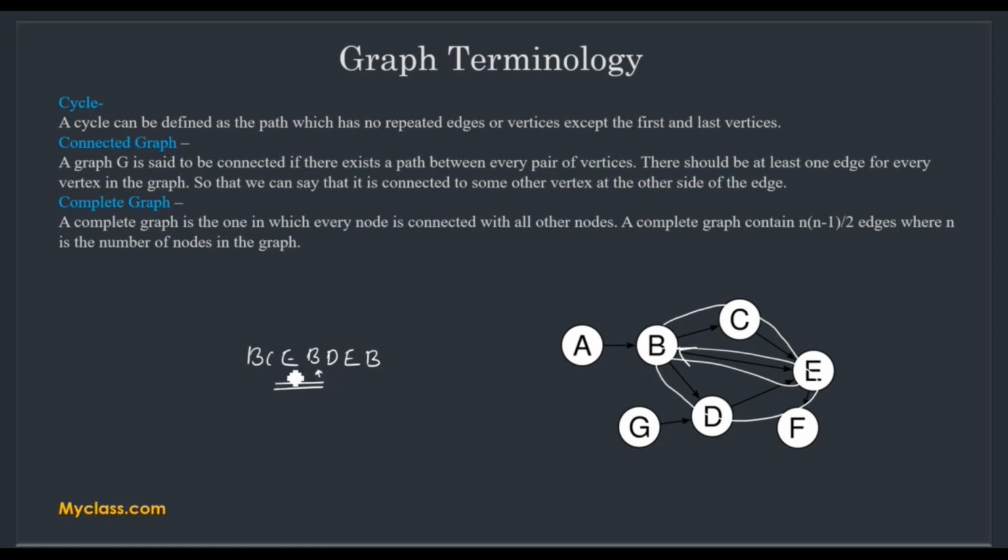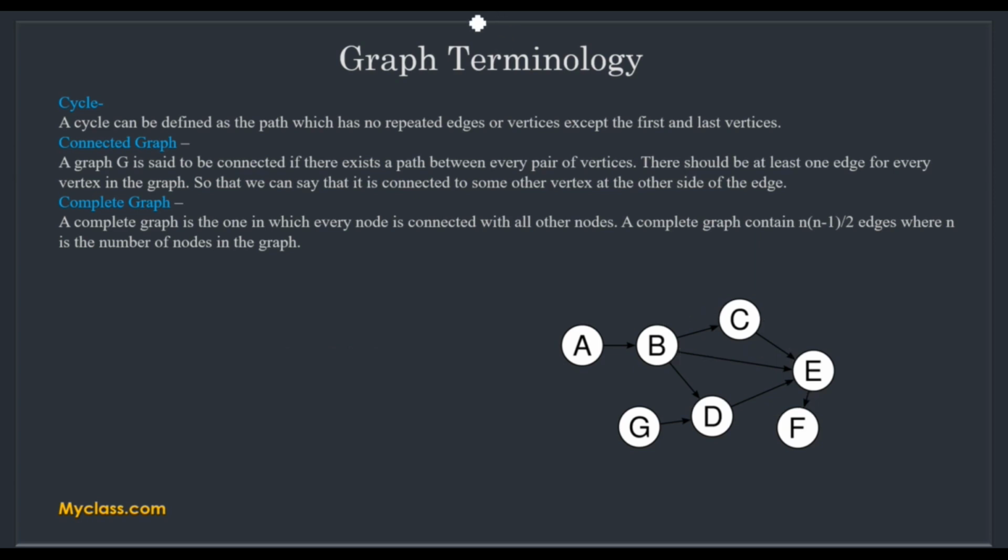B is repeated and E is also repeated, and edges are also repeated. But this is the initial node and this is the terminal node, and that is also possible in the case of a cycle. So BCEB is a cycle and also a closed path. This is also a closed path but not a cycle. That is the difference between the closed path and the cycle.